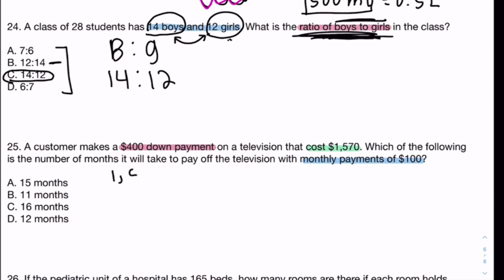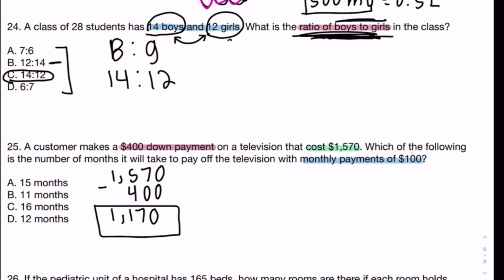So, if the TV cost $1,570 and you went ahead and made a down payment of $400, that is going to leave you a total of $1,170. Well, if you have that much and you're making monthly payments of $100, you're just simply going to divide what you have left, 1,170 by 100.